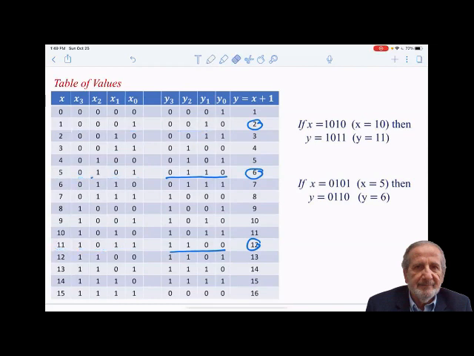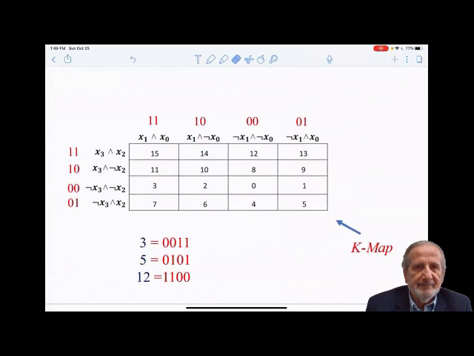So first of all, what I'm going to be doing here is creating this table here. This is really important because I put the same format as the K map before, for 4 variables, but I filled up the table.